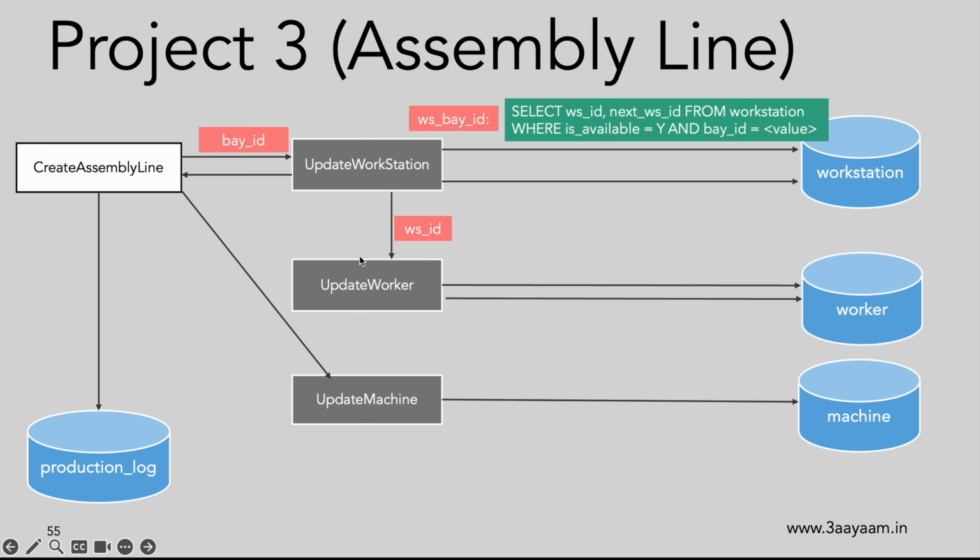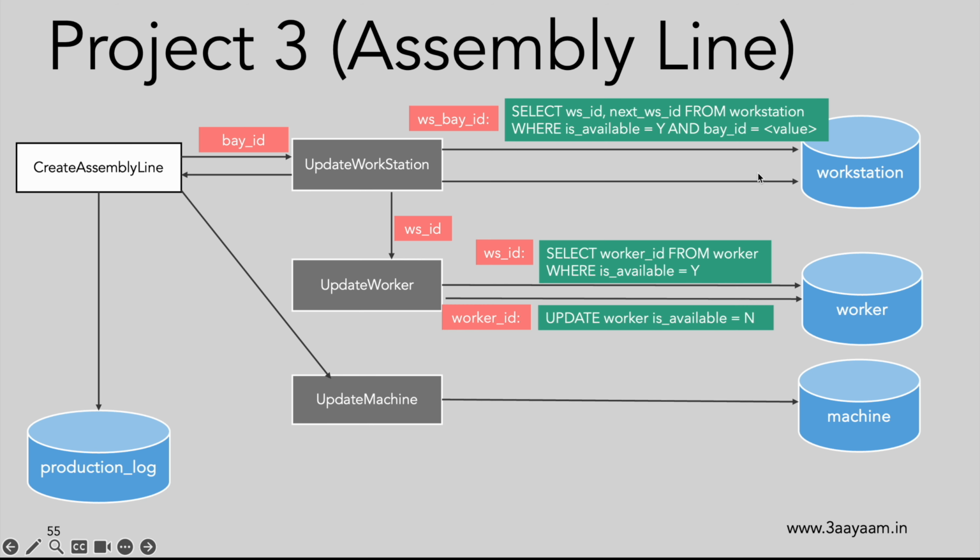So update worker would be called by the update workstation API using the WS ID, or the workstation ID, which was retrieved using bay ID. After this API is called, update worker will try to find out the worker ID from the worker table, whichever worker is available. And of course, we'll pass the WS ID, and the worker ID would be associated with the WS ID in the worker table itself.